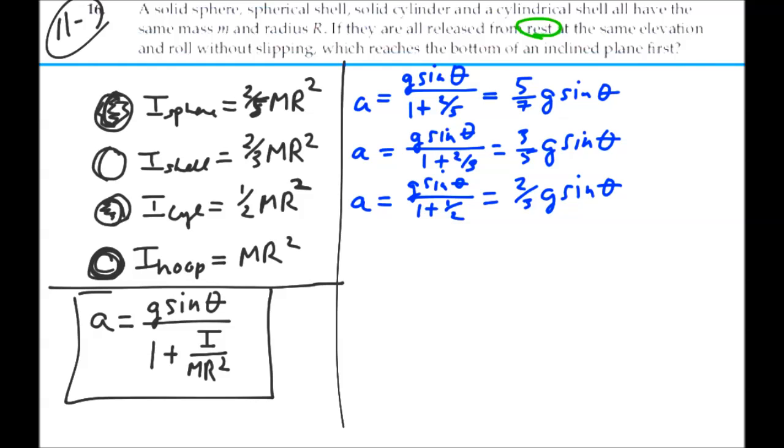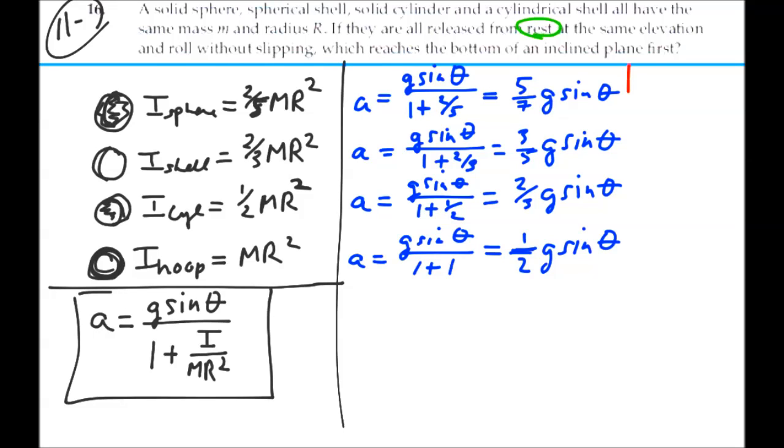And then for the hoop or the cylindrical shell, it will be g sine theta over 1 plus 1, which will be 1/2 g sine theta. So these will be the accelerations of each of these objects going down the incline.